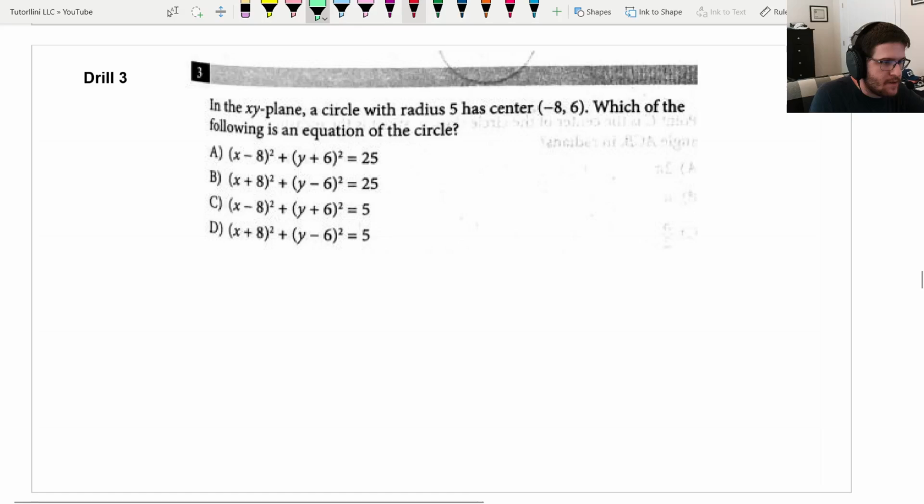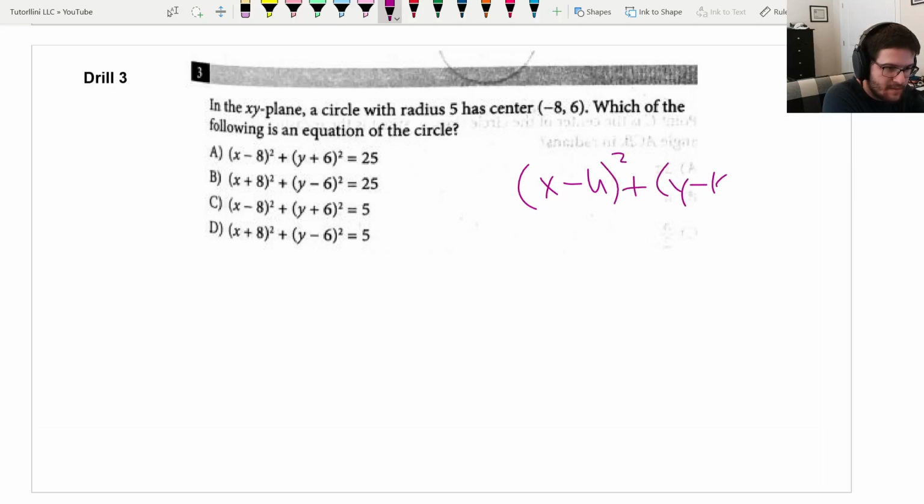Okay, so I would not even look at the answer choices unless you're going to use Desmos. I would just write the equation. So x minus h squared plus y minus k squared equals r squared. Okay, this is hk, and that's r.